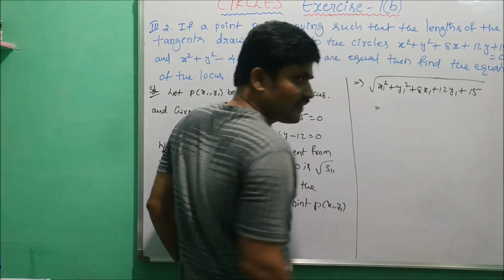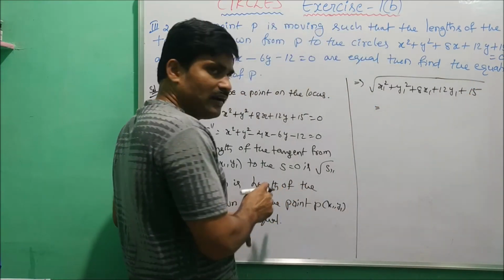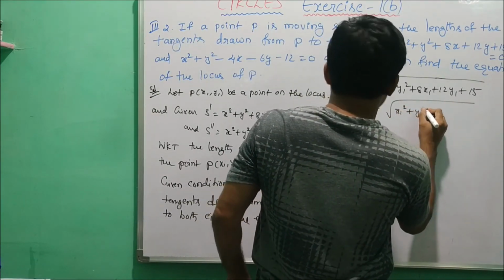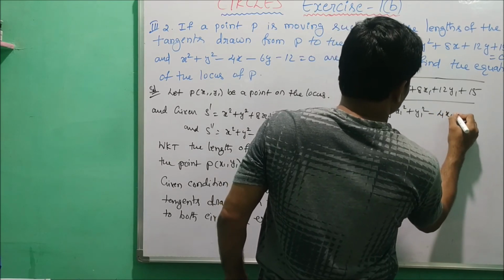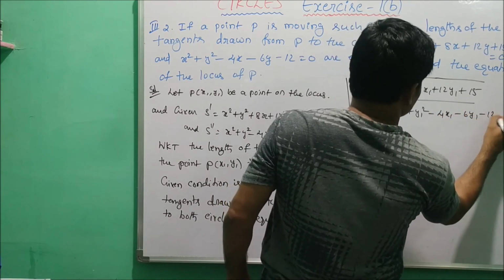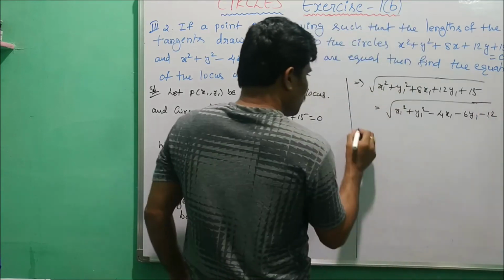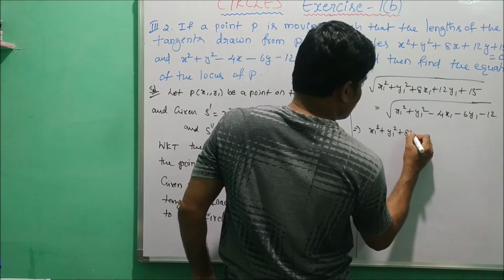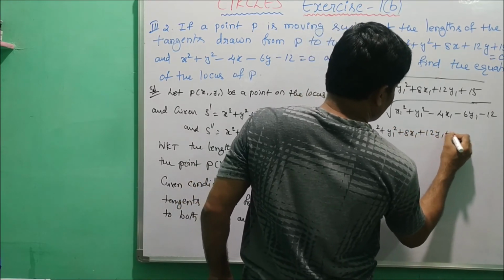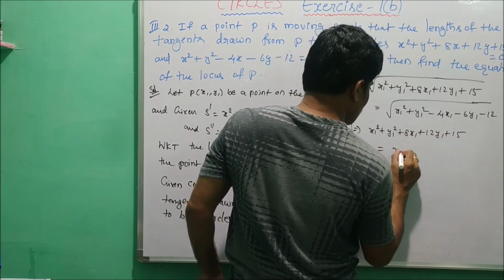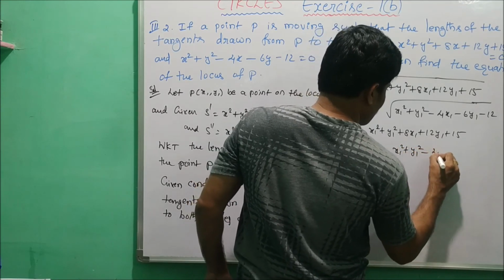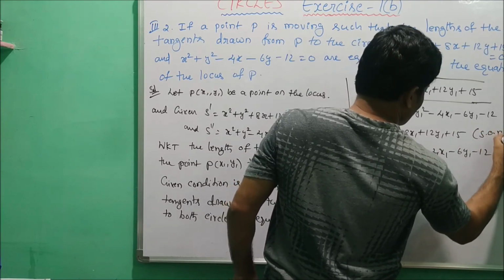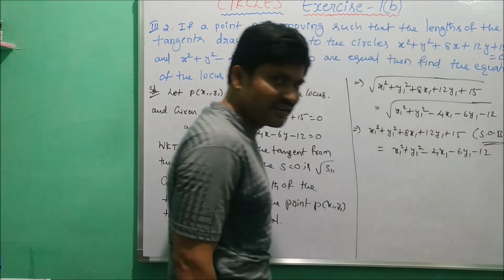This length of the tangent equals the second circle's length of the tangent, square root of x1 square plus y1 square minus 4x1 minus 6y1 minus 12. Now squaring on both sides, x1 square plus y1 square plus 8x1 plus 12y1 plus 15 equals x1 square plus y1 square minus 4x1 minus 6y1 minus 12.